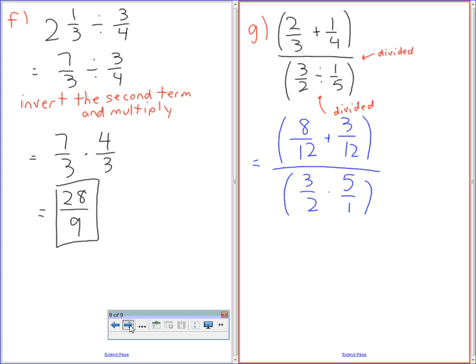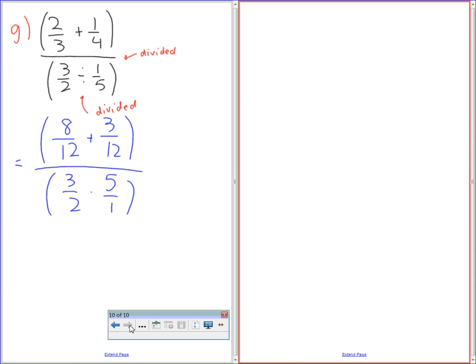I go to the next page because I'm writing big today. What do you do next for the numerator? You add the top. Okay, good. So that turns into 11 over 4. Good. Maya, what's the denominator going to turn into? 15 over 2.